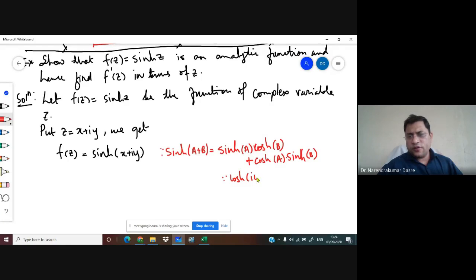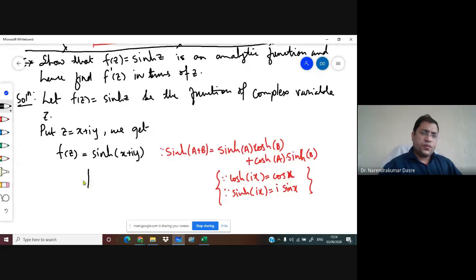Then we know that hyperbolic cos of ix is equal to cos x, and hyperbolic sine of ix is equal to i times sine of x. So these are the relations between the trigonometric functions and the hyperbolic functions, and we simplify using these formulas.